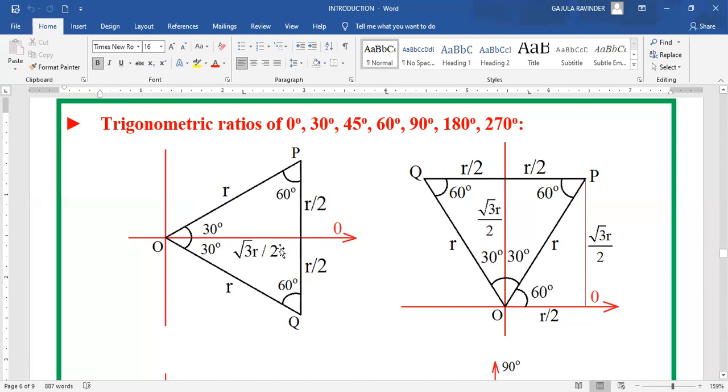Whereas cos 30 will be the adjacent side by hypotenuse, root 3 R by 2 by R, which is root 3 by 2. Like that, tan 30 will be the opposite side by adjacent side, R by 2 by root 3 R by 2. Cancelling R by 2, it will be 1 by root 3.